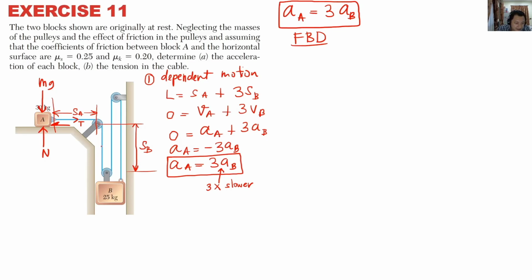Right, remember, this one when you cut it up, you have tension, tension, tension. So T, T, T. This one goes down, this is mg. So motion, this thing will go to the right, so this is positive. This is acceleration in the positive sense. This thing goes down, so acceleration is positive going down. So free body diagram.